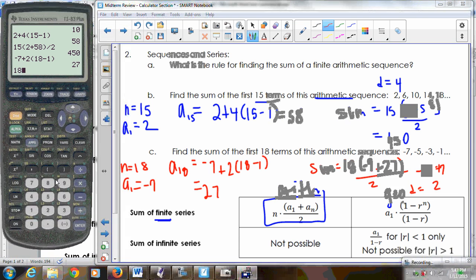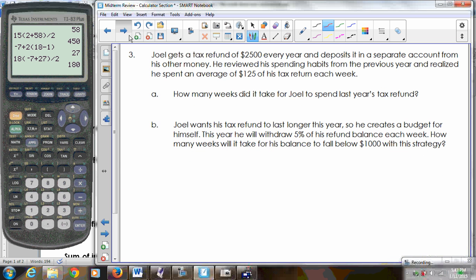And if I plug that into my calculator, 18 times (-7 plus 27), divided by 2 leaves us with 180. Okay. All right, next problem.